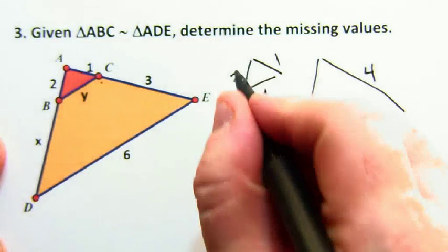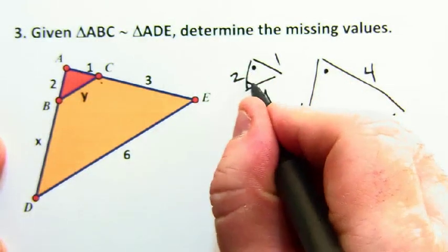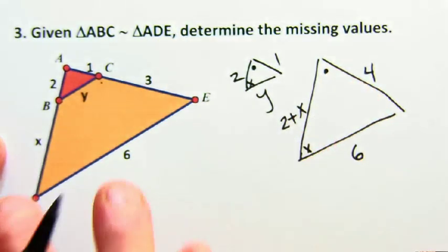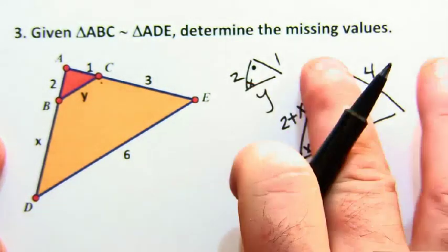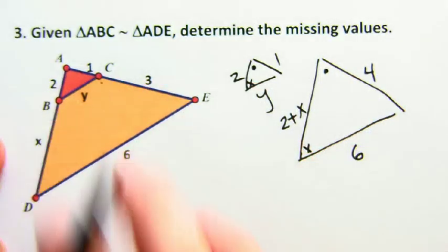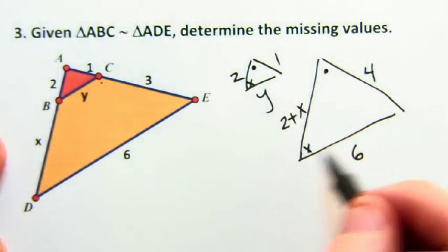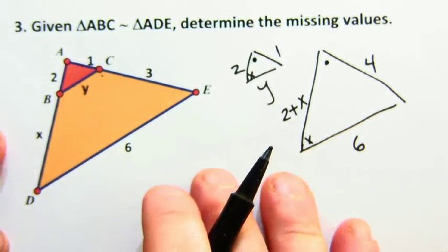The reason I wrote it this way is that now I can use the fact that these are similar to each other to match the sides to each other, right? This side is 2 to 2 plus x. Sometimes we get confused about things like that. Again, I can use angles to match things up nicely, but I can see it's a 1 to 4 ratio.